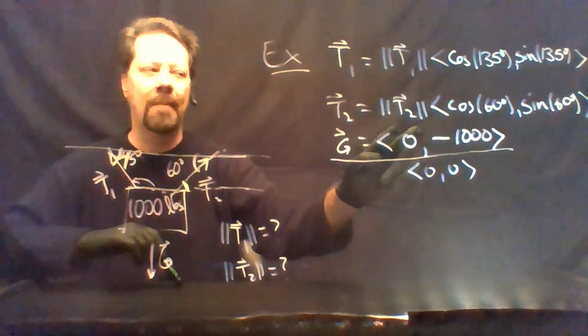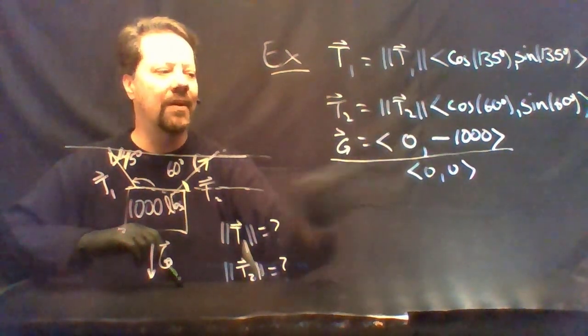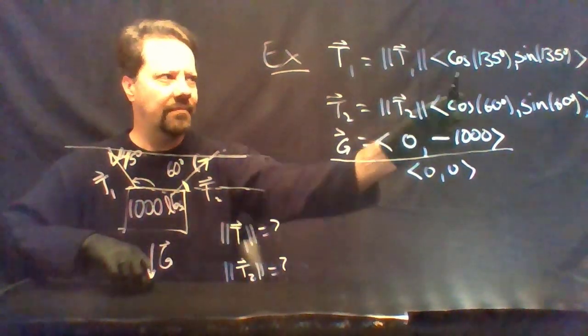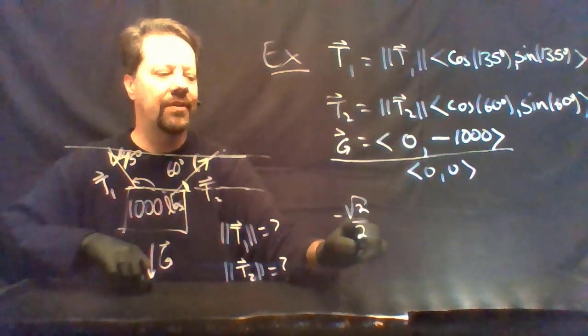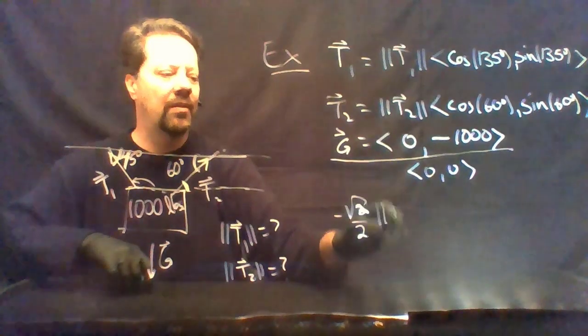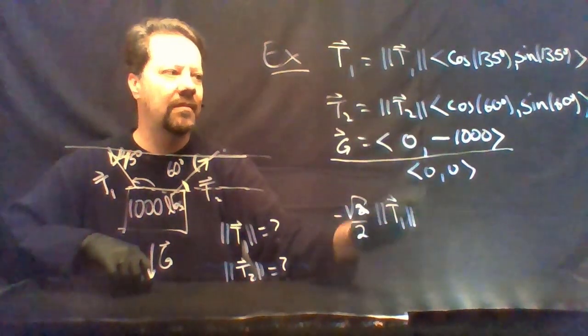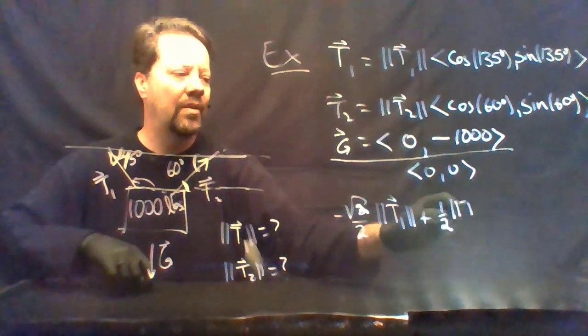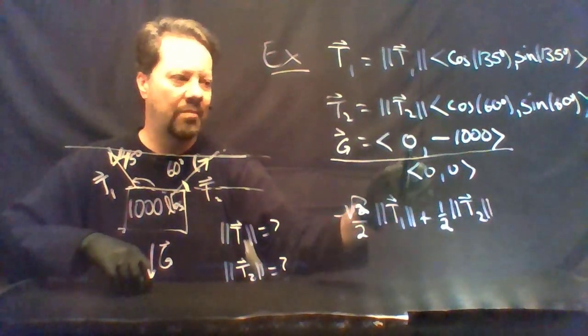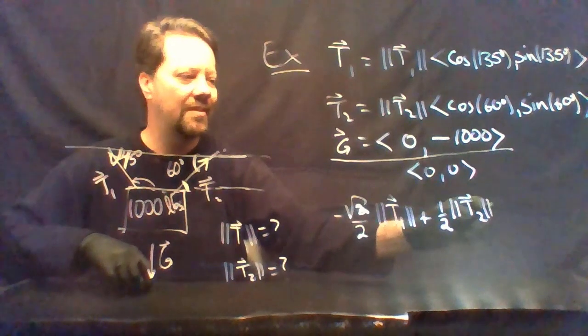Adding up those x-coordinates, we have negative root 2 over 2 norm of T1 plus 1/2 norm of T2 plus 0 equals 0.